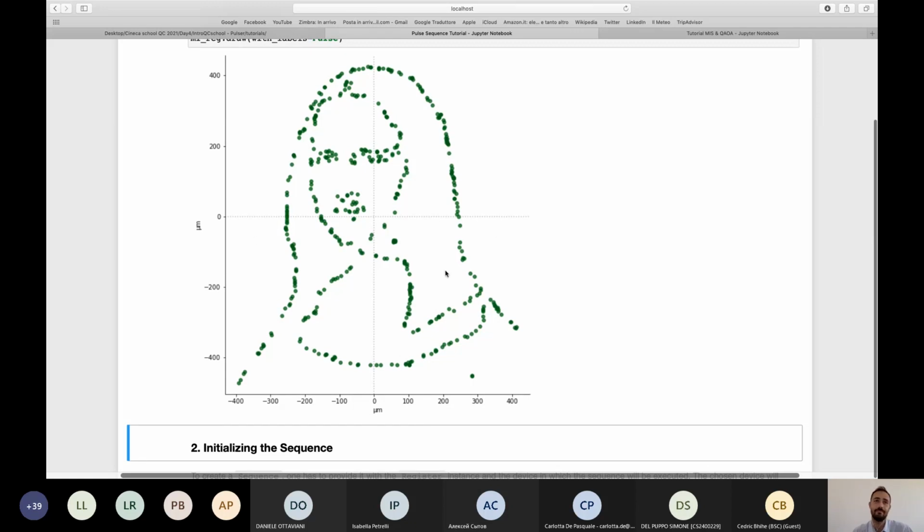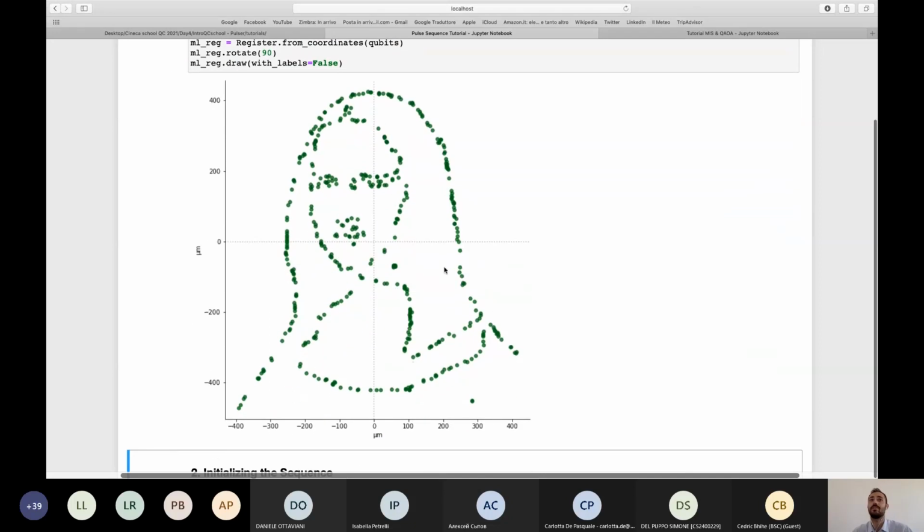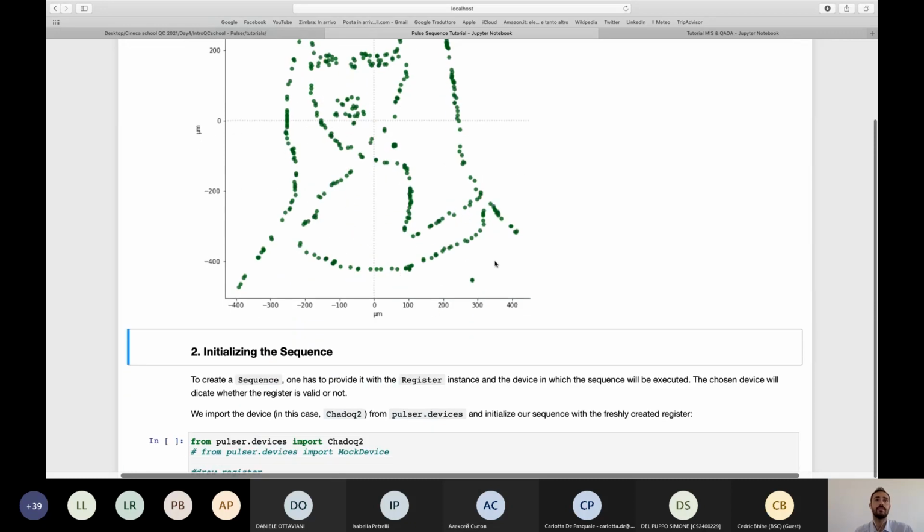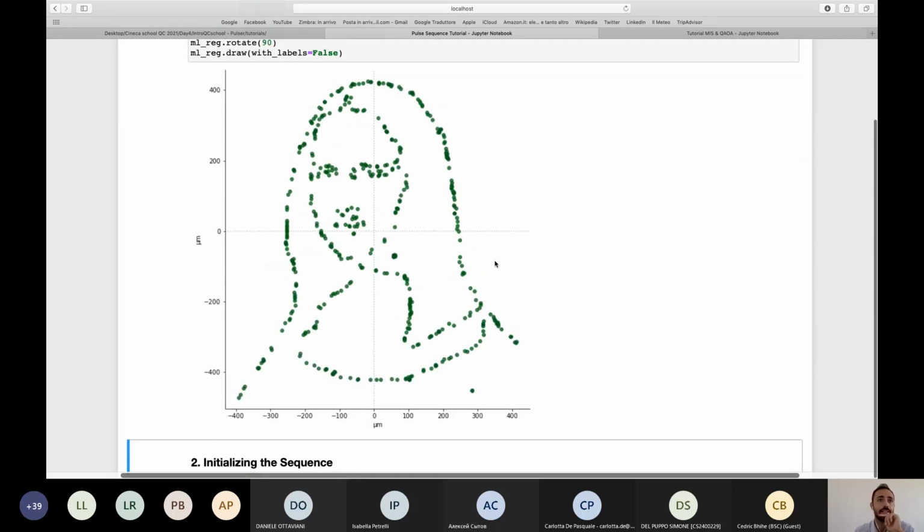This is just to show you that as long as you are in 2D, you can do almost everything, as long as you respect the minimum distance between atoms.